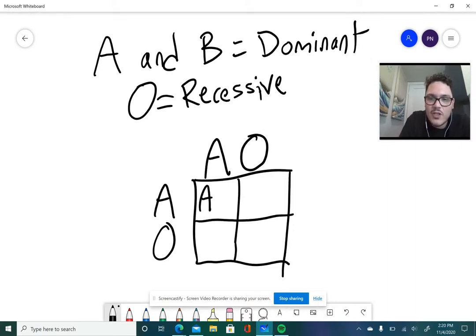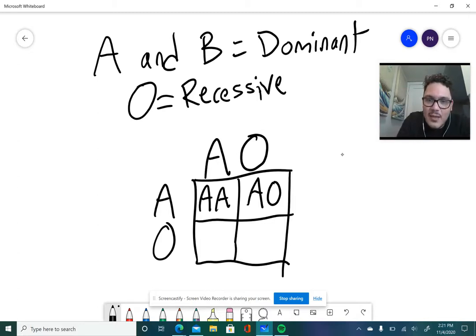There's a 25% chance they have a type A child who has AA. Two dominant traits, or two dominant genes. There's another 25% chance they have another child who is type A, but it's going to be AO. That AO is going to be phenotypically A, but it's a hybrid, right? It's not going to be purely homogeneous. It's what we call heterozygous. This is pure biology, by the way.